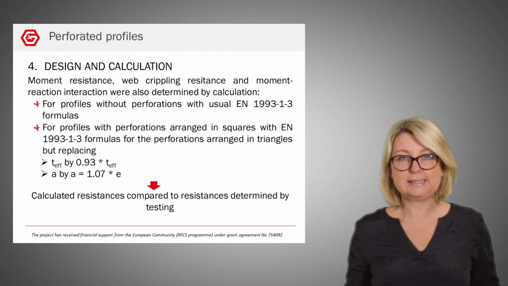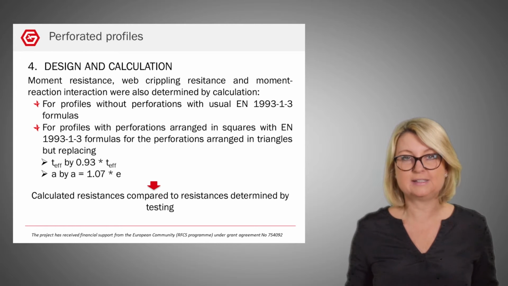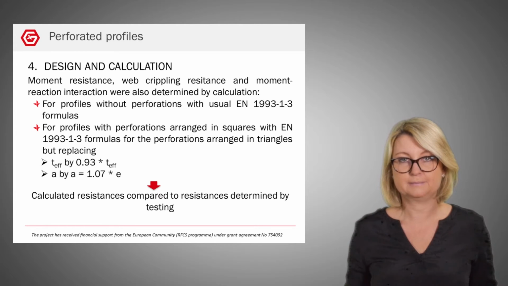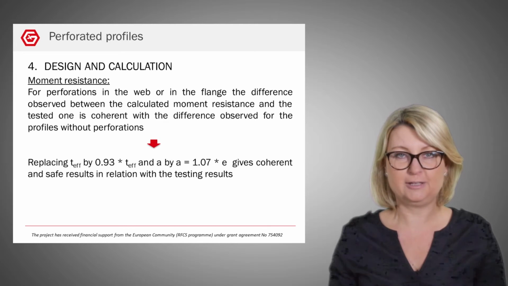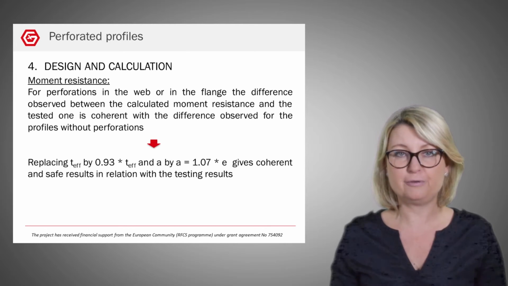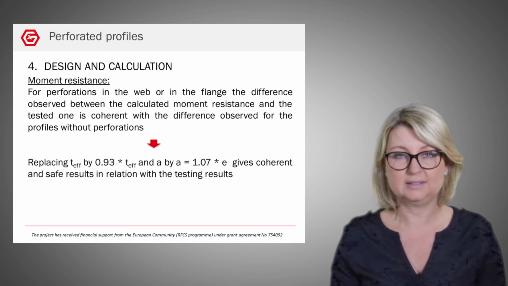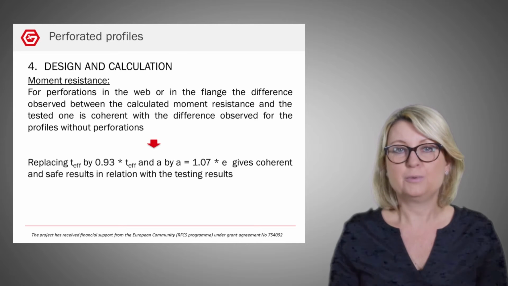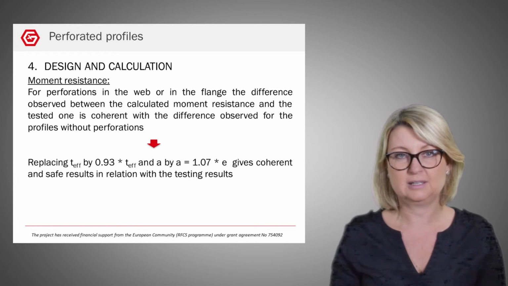Eventually, the resistances determined by calculation, as defined previously, were compared to the resistances defined by testing. For perforations in the web and in the flange, the difference observed between the calculated moment resistance and the tested one was consistent with the difference observed for the profiles without perforations.